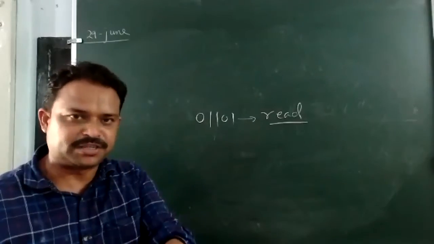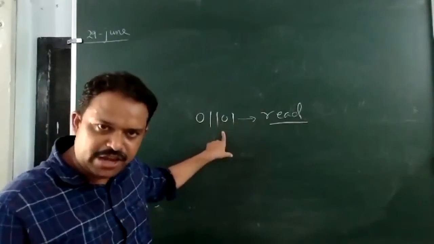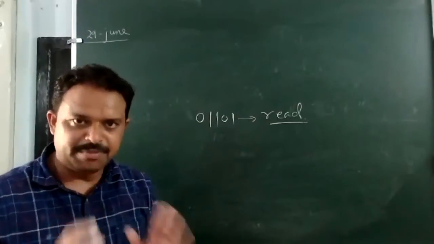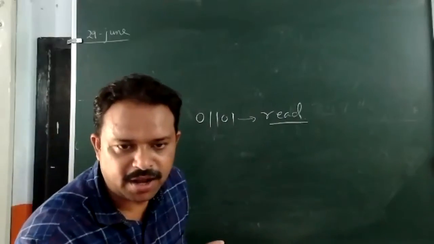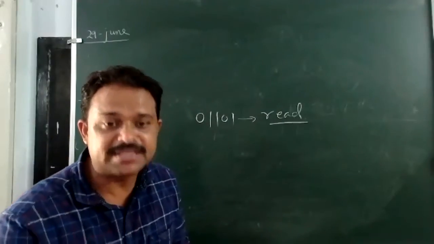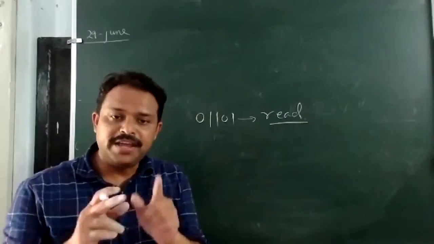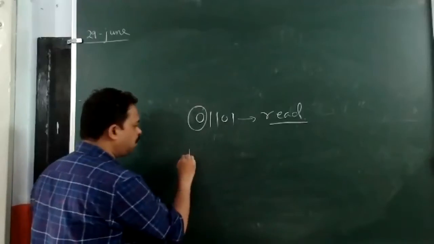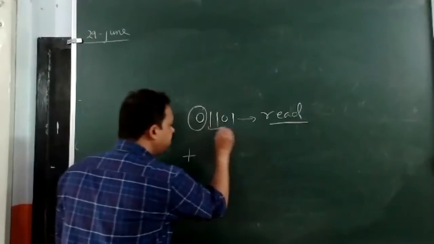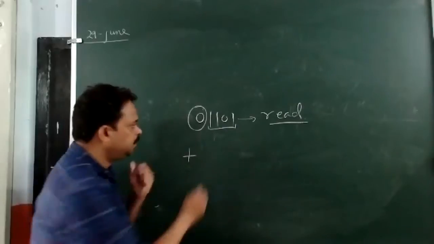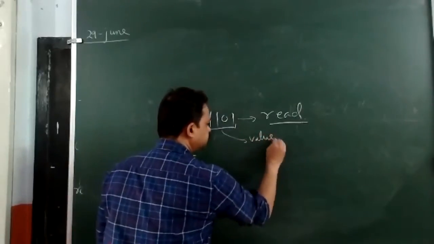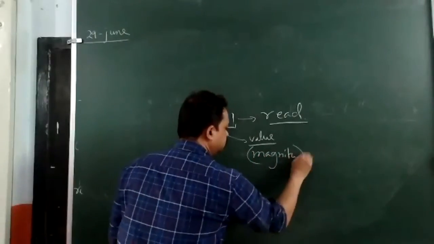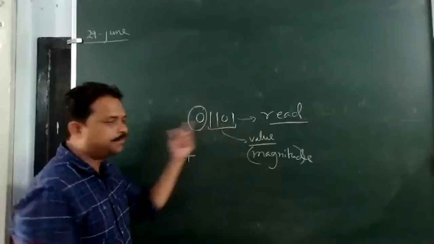Ayush is telling me plus 13. Why? The first bit is for the sign, plus, and the remaining bits are for the value, the magnitude.